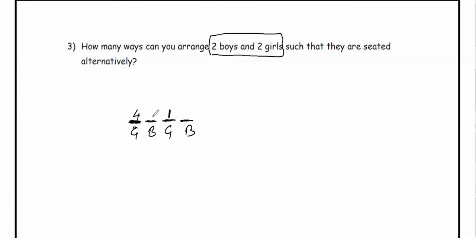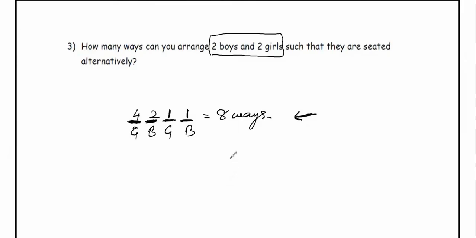And since a girl is seated, there are 2 boys remaining, so 2 options for the second dash. And for the last one, there's only 1 option because one of the boys is seated. So there are 8 ways directly. I can solve it this way, but this is slightly difficult to understand.